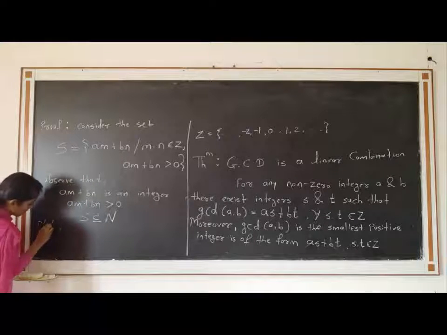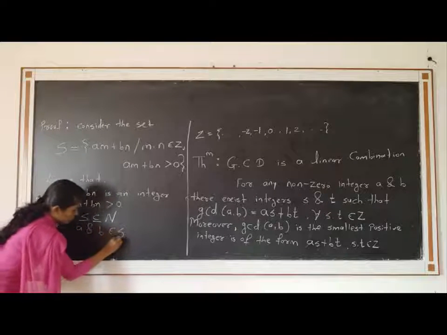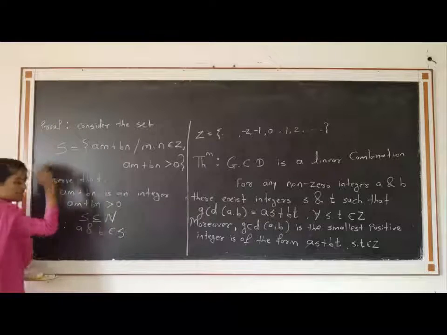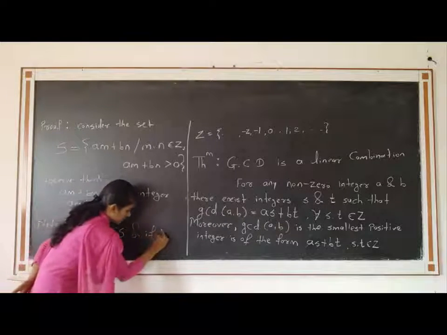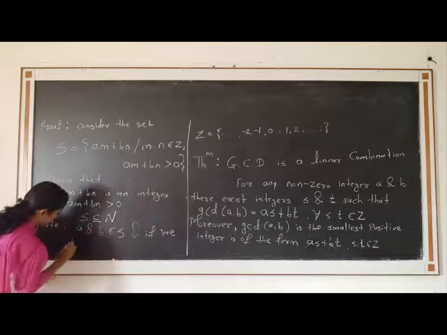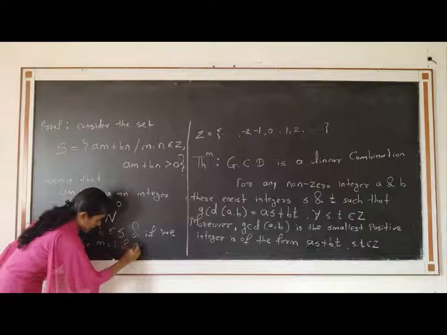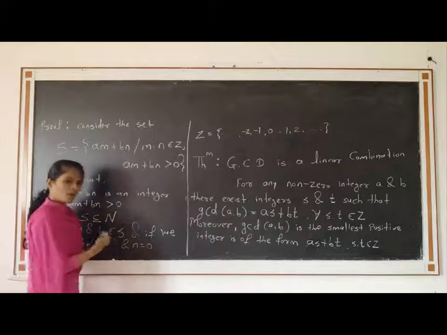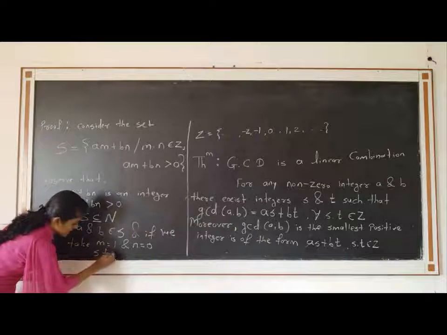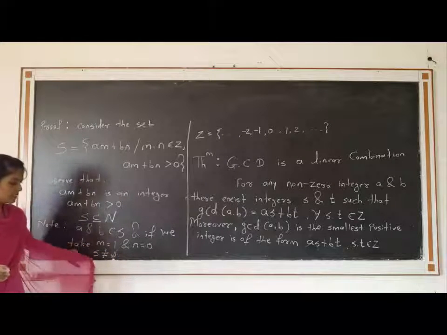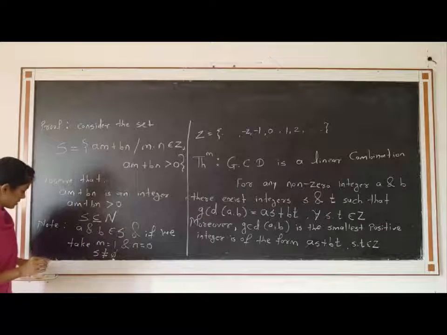Now note that A and B belong to set S, and if we take M equals to 1 and N equals to 0 or vice versa, then we get S is a non-empty set.